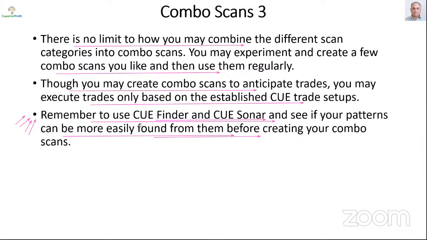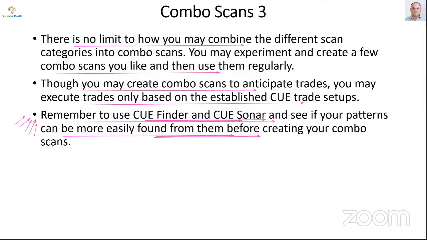So combo scans may be run for cases where you don't have the ability to find patterns or combinations quickly using Finder Sonar, or when you are only interested in certain kinds of trades. No need to run Finder or Sonar to find all kinds of trades, all kinds of signals. Just create combos that meet your requirement and use those.